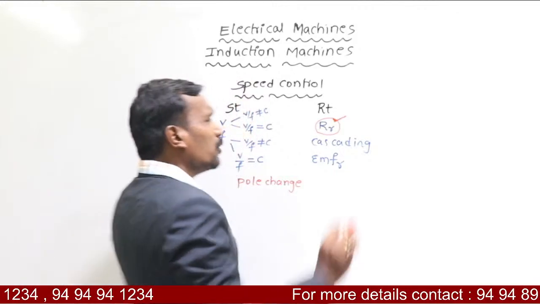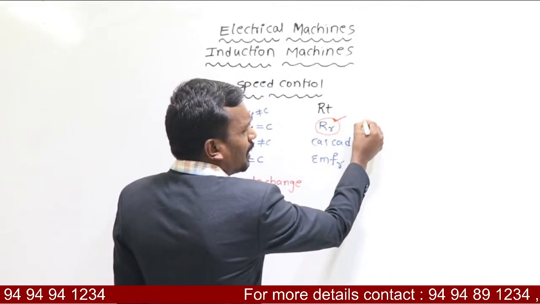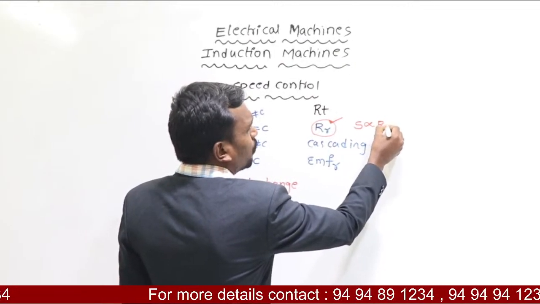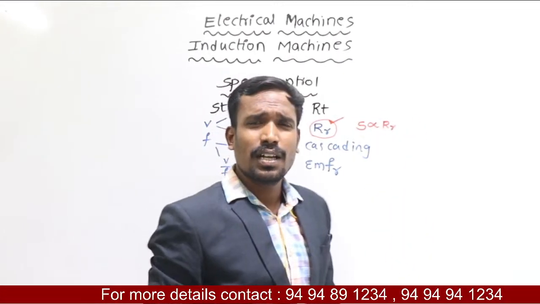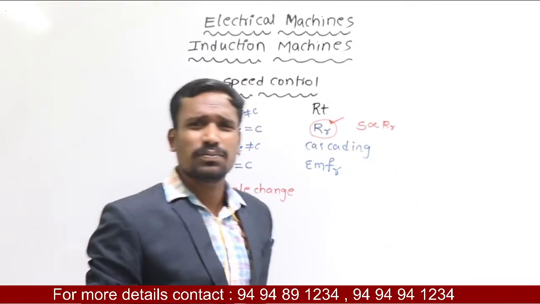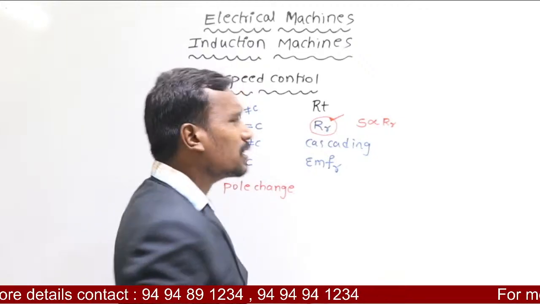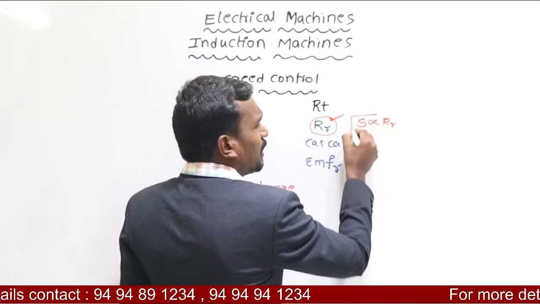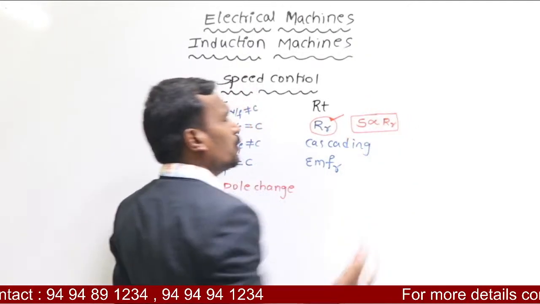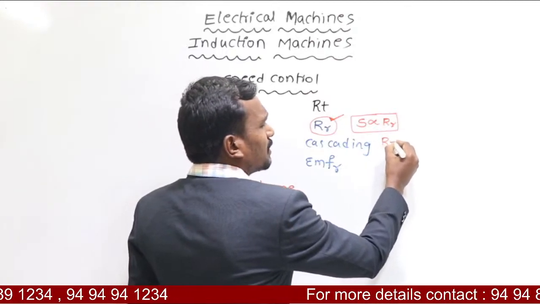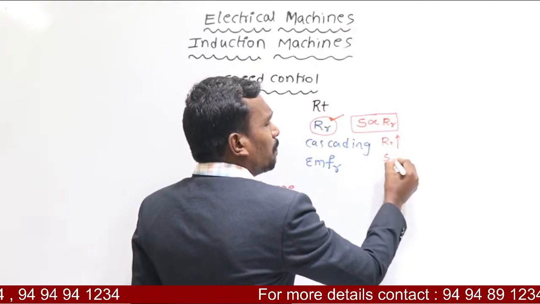In that, you have to remember one thing: the slip is always directly proportional to the rotor resistance. Just remember this, then you can get the answer to whatever the question. What is that? The slip is directly proportional to rotor resistance. If the rotor resistance increases, then the slip increases.